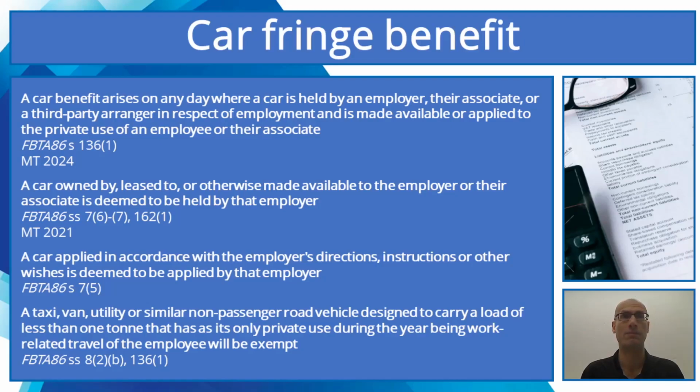So, for example, driving the work vehicle to the shops to get some food at lunchtime. If the vehicle would otherwise be used in other situations, it's still going to be considered an exempt benefit as a result.